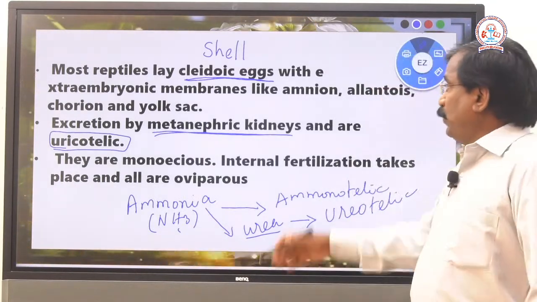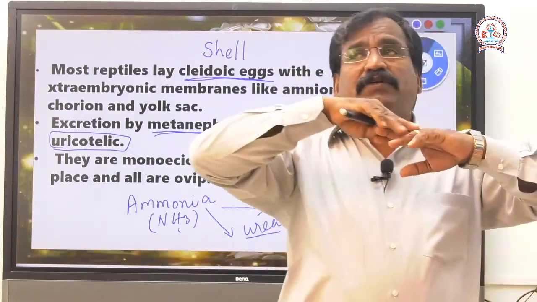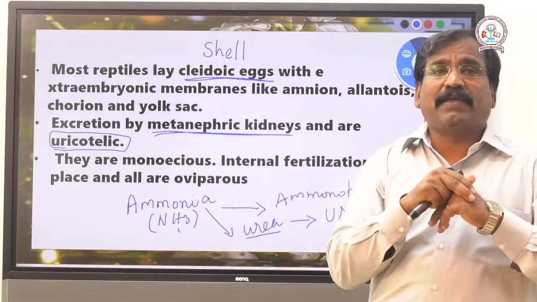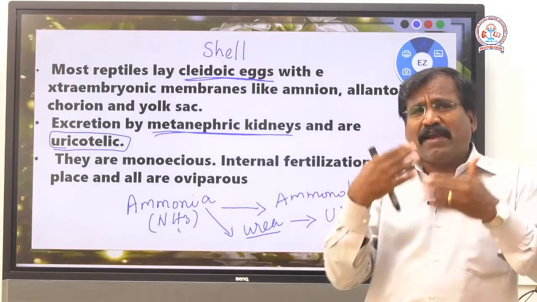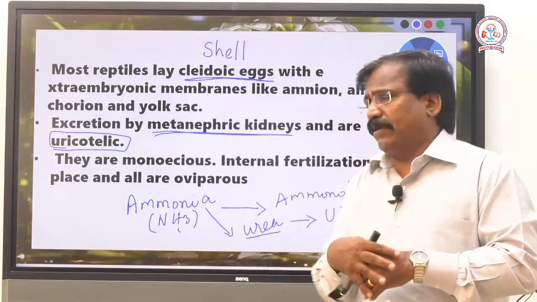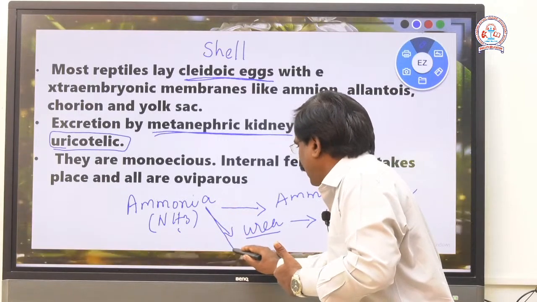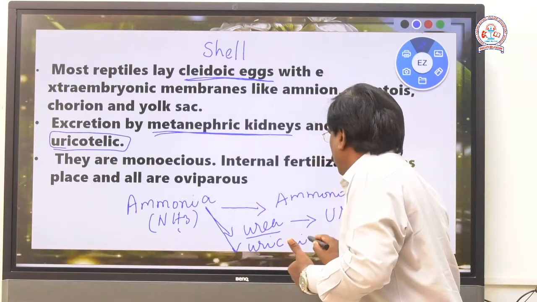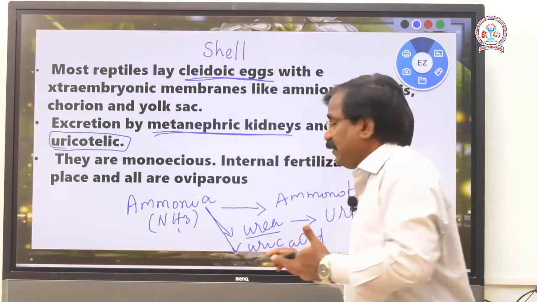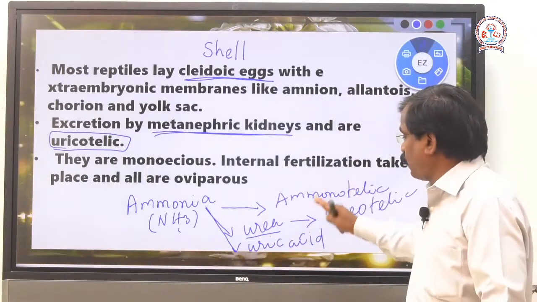Okay, come to the reptiles. Lizards, garden lizards, we see lizards in our houses. For them, even more conservation of water is needed. So what do they do? Ammonia is converted into uric acid. Uric acid is very less toxic, much less toxic than urea.